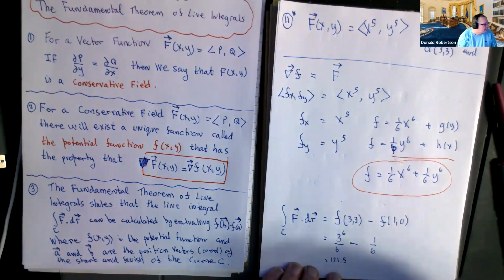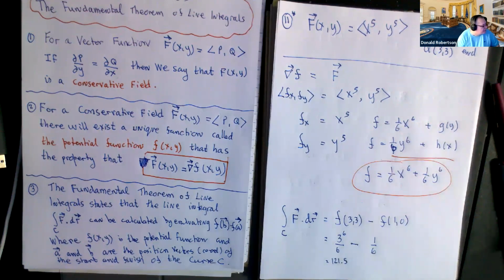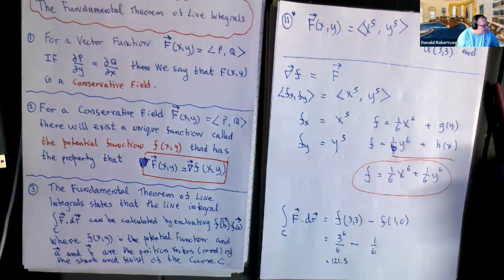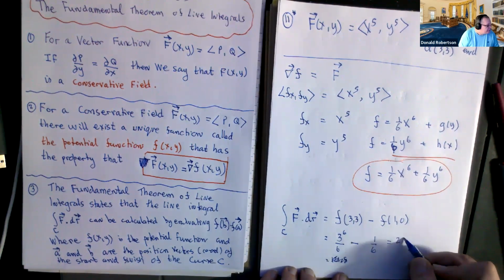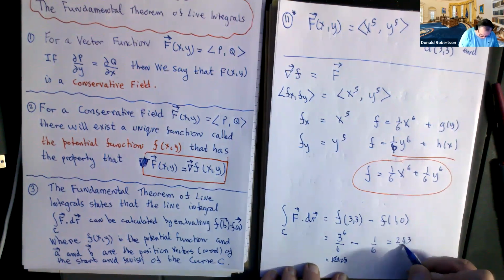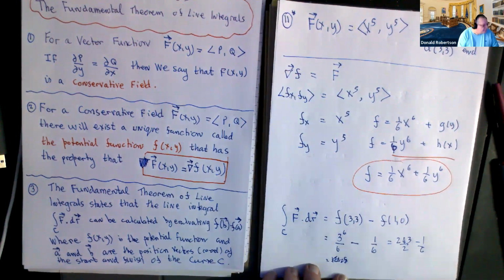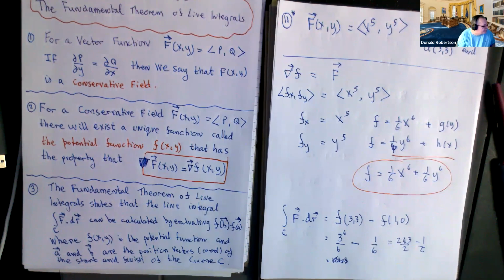I don't like that. Let's make that a fraction. Okay, I get 243 over 2, take away a 6. Let's do that now. So take away 1/6 and make that a fraction.